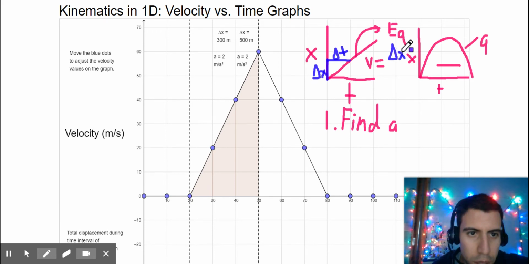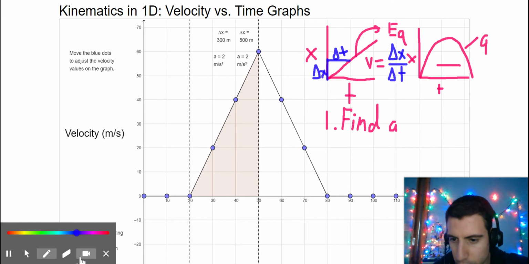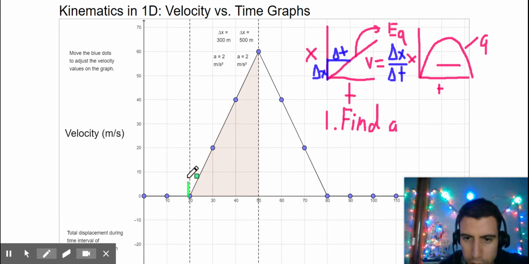Now, if we try it on this graph, you'll notice you'll get the same thing. Let me write it out for you right now. So let's say you want to do it to this graph. If we took our rise, in this case, let's say we're going to here, notice it'll be going from 0 to 40 meters per second, because that's the unit.